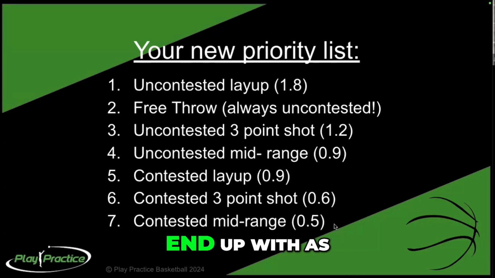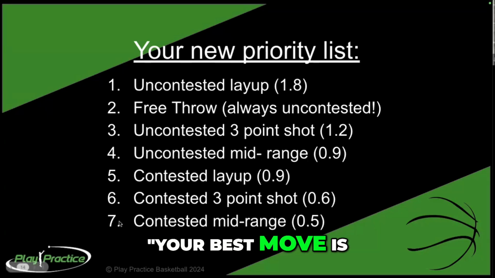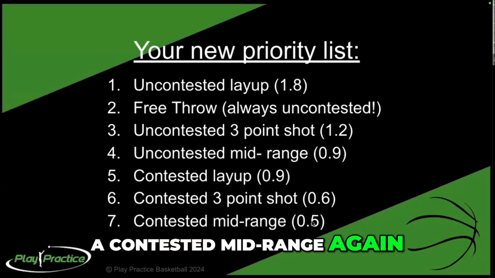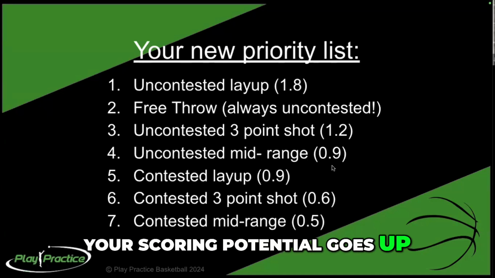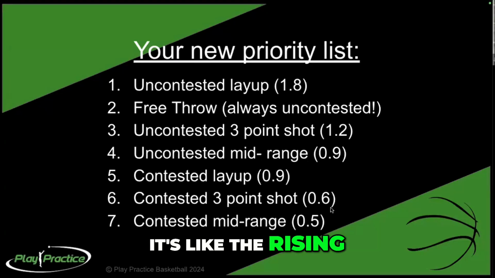Really what I end up with as a conclusion when I'm doing a clinic or doing our course with players is I say your best move is to just scratch this off your list. If you never shoot a contested mid-range again in your life, all the rest of your scoring potential goes up, right? It's like the rising tide lifts all boats.